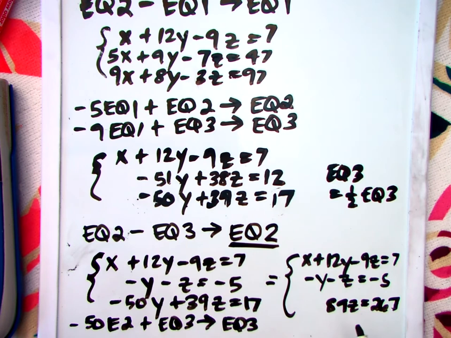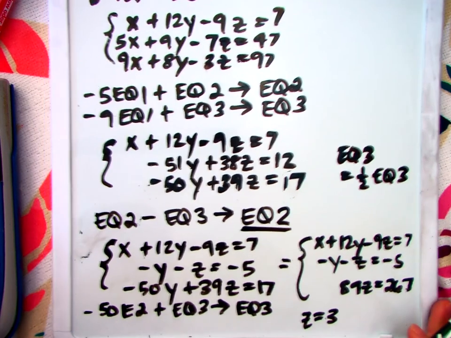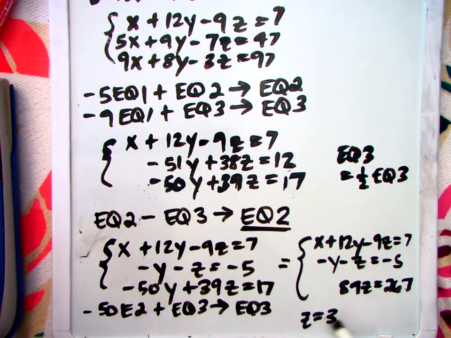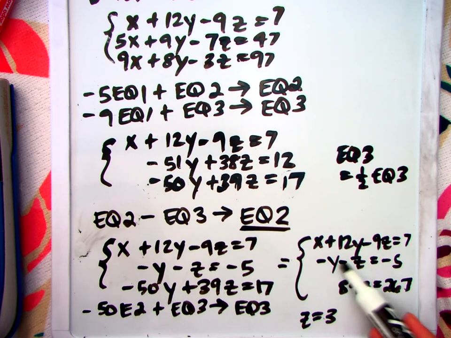This is what we're looking for, one variable in the final equation. Now I can solve for z just by using division, right? 267 divided by 89 is 3. It's okay if it was a fraction. It's very normal for these to be fractional answers, so don't panic if that happens. Once I have z, I substitute back. Negative y minus 3 has to equal negative 5, meaning y is equal to 2.